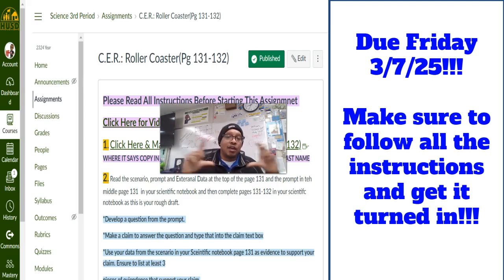So if you're at home and you're not taking the interim assessment, then take this assignment and get it done. It is due by Friday. You'll have a little bit of time on Thursday and a little bit of time on Friday in class once you finish the interim assessment to get this completed. So this should be the next thing that you need to work on. Remember, this counts as a 35-point test.